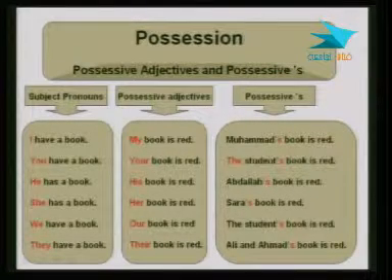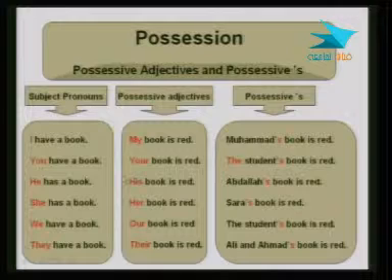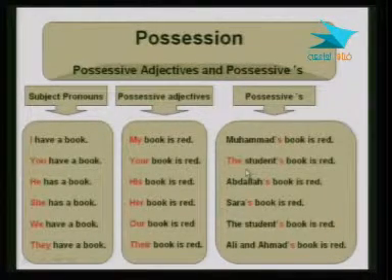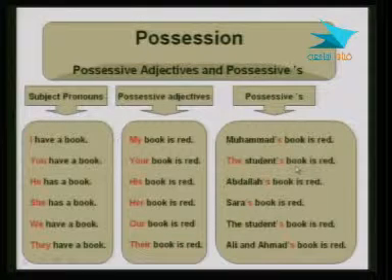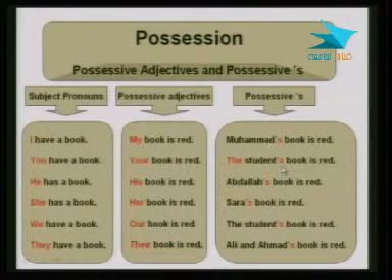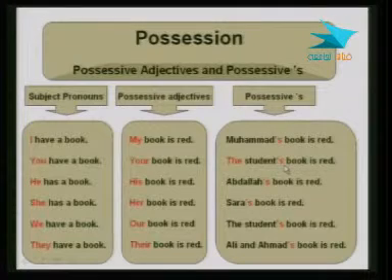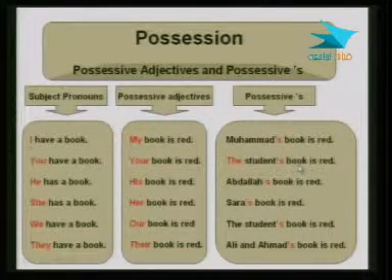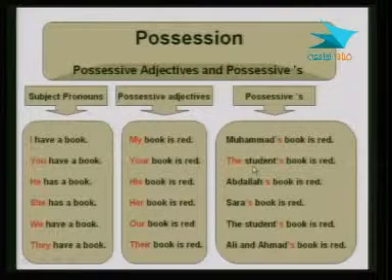You have a book, your book is red, right? Now you are a student. The student's book is red. We also use this here, S with apostrophe, to indicate that the book belongs to the student.